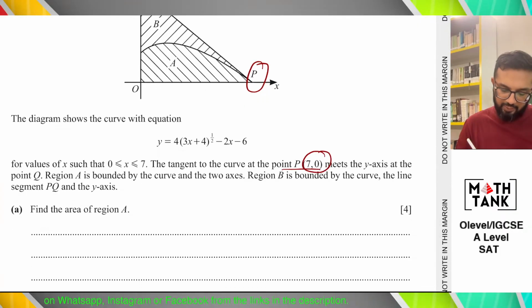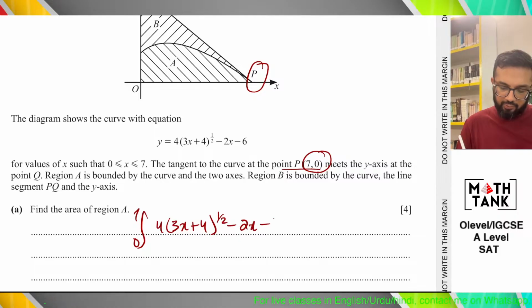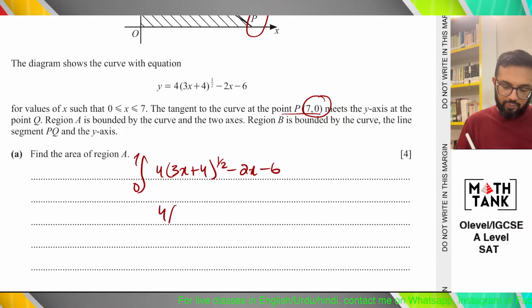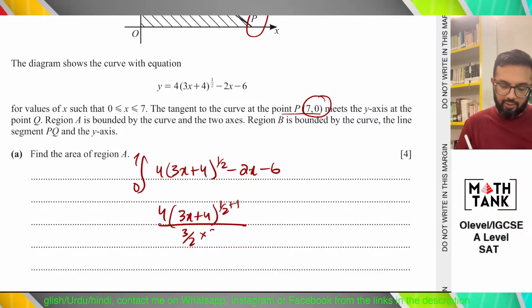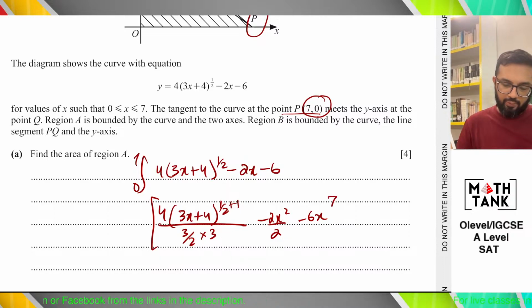I have this. So I basically integrate from 0 to 7. What do I integrate? I integrate this entire thing. So 4, 3x plus 4 power half plus 1, 3/2 into 3, minus 2x square over 2 minus 6 from 0 to 7.